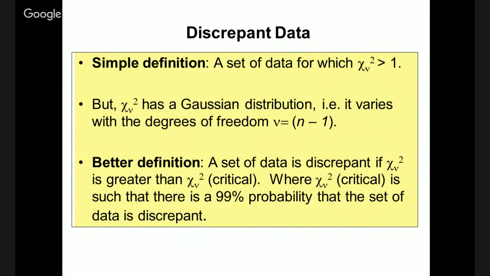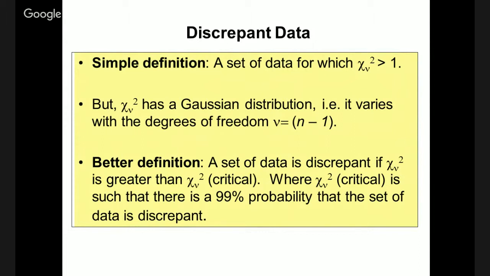There are different methods to attack data that are inconsistent. There is a paper by Desmond McMahon from Imperial College in London, in Nuclear Instruments and Methods, I think 1992, where he discusses the different methods available to attack this problem. None of them is right or wrong. It's just a method.